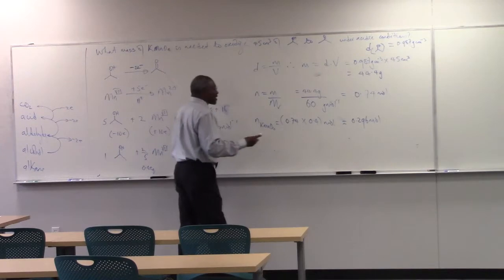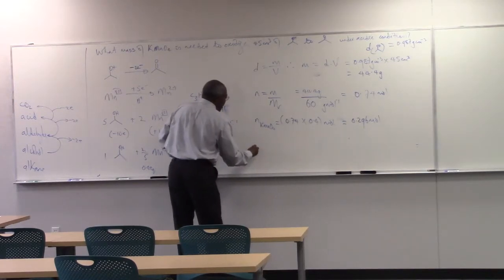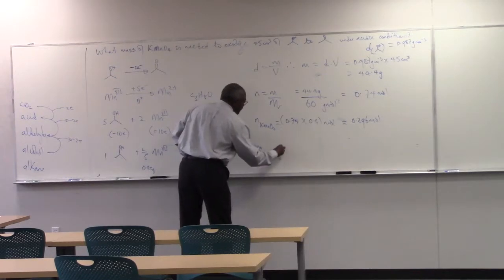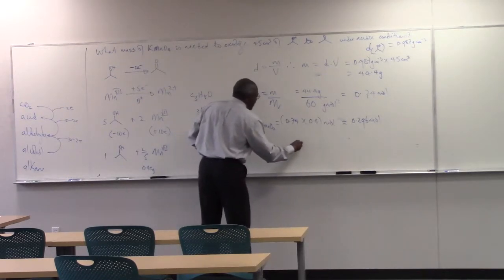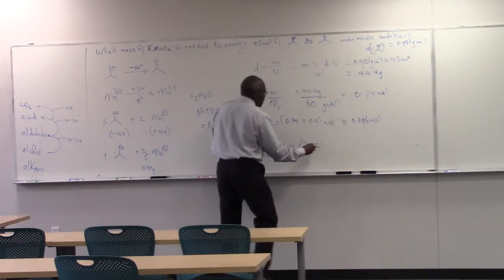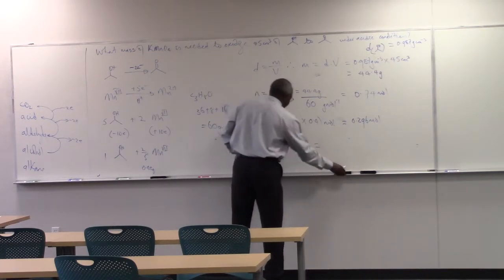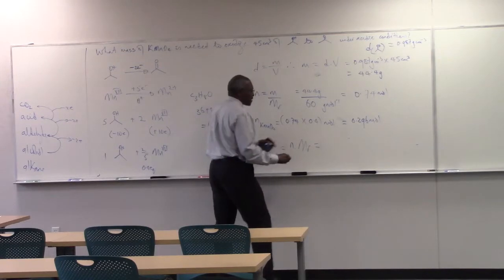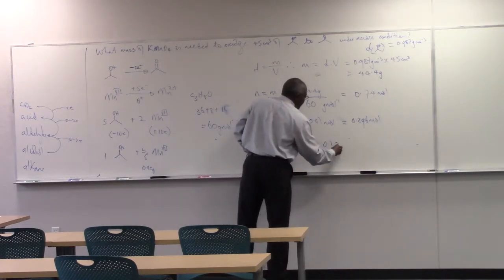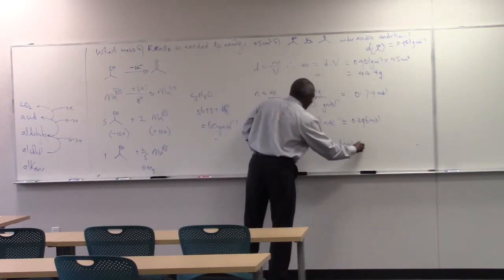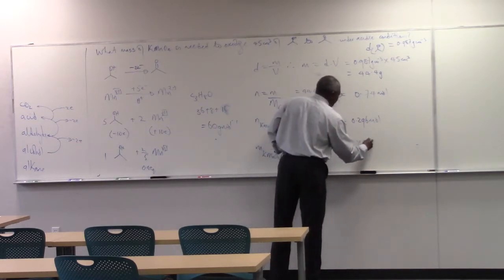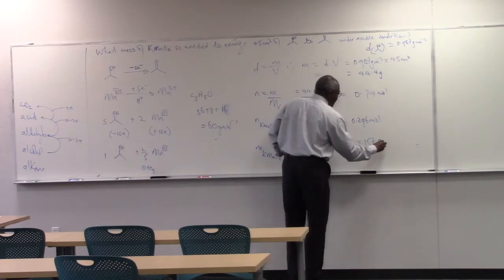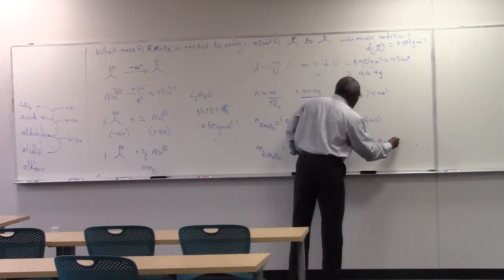What mass is that? So the mass of permanganate is equal to the number of moles times the molar mass, which is 0.296 moles times 157.9 grams per mole.